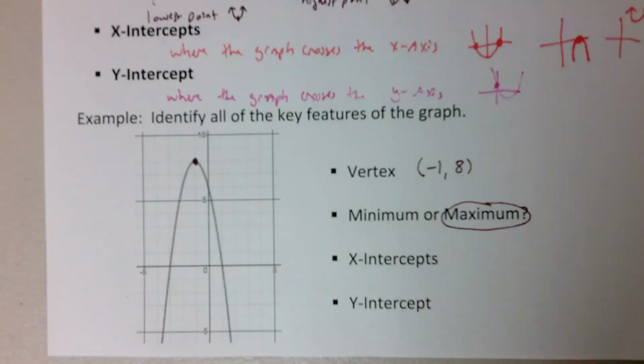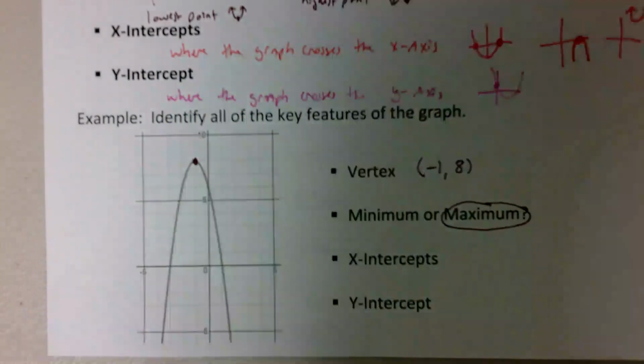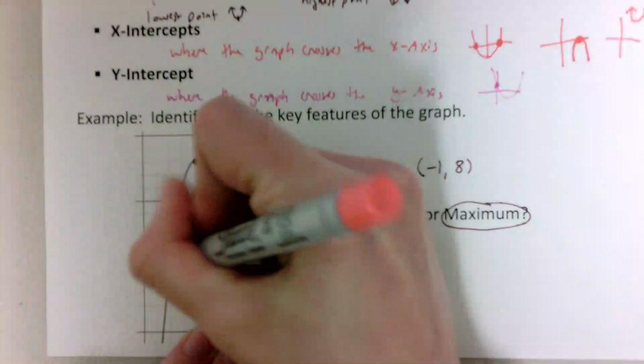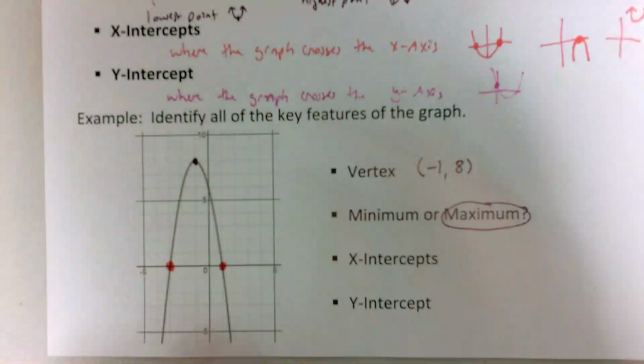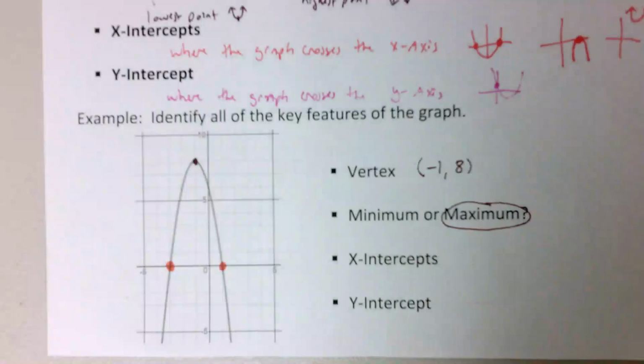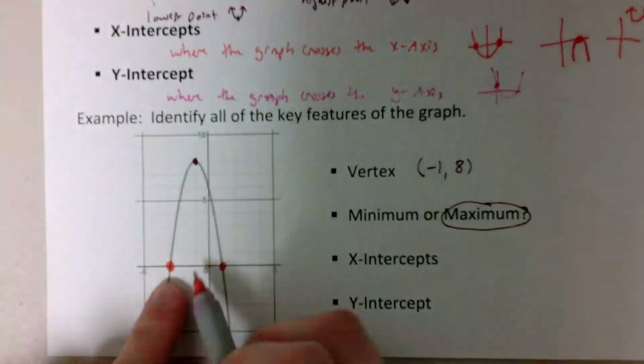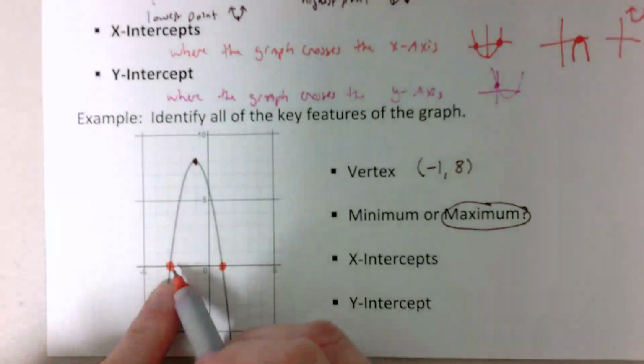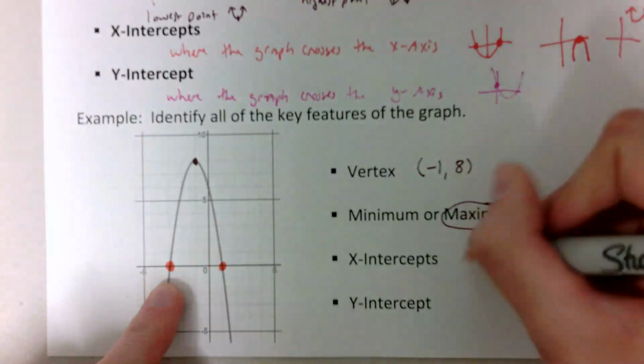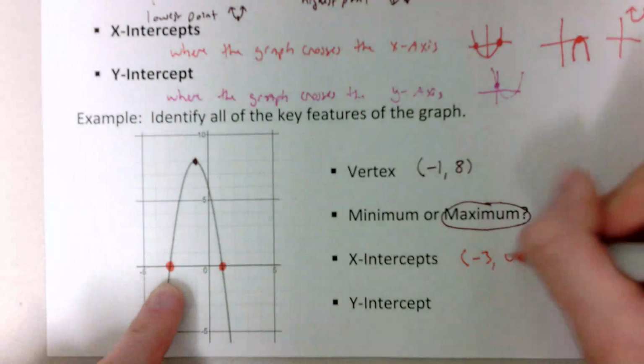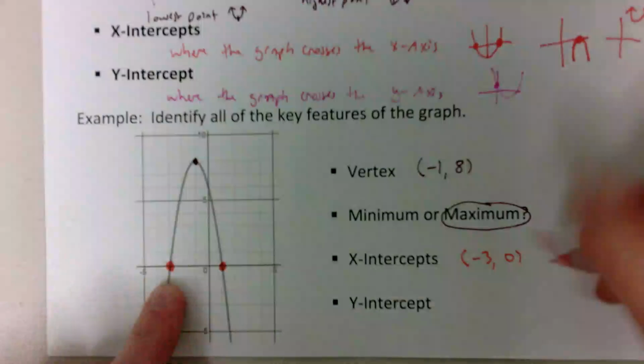All right, my x-intercept. So anywhere this graph crosses the x-axis, this one has 2. One of them's right here, one of them's right there. So we're going to write 2 different points. This one, to get to this point, I'm running to -3, and then I'm not jumping at all, right? So I'm running to -3 and jumping to 0.